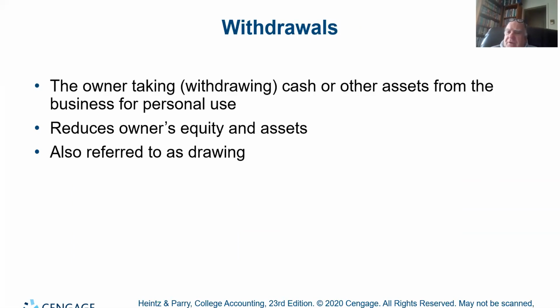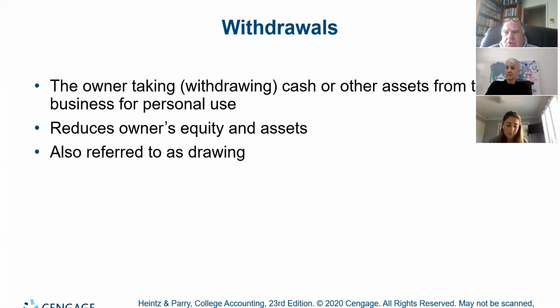Okay, here's something new. Withdrawals. This is the account we're going to use to record personal expenses of the ownership. What we're saying here, everybody, is you came to me and you took $200 from the company.